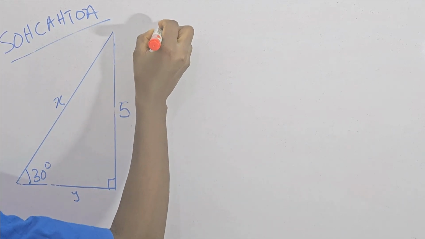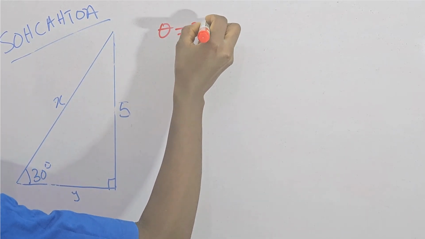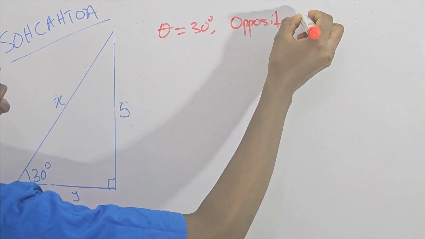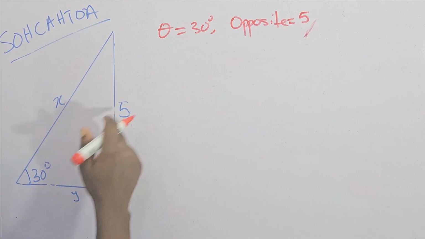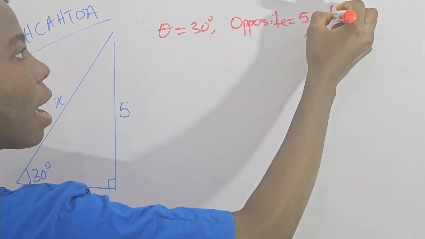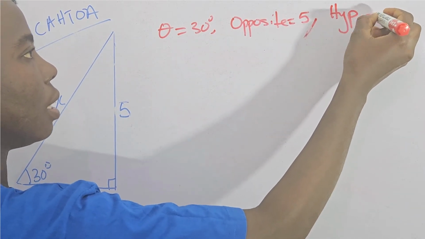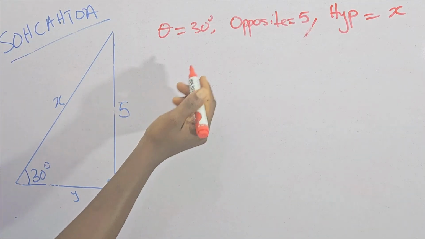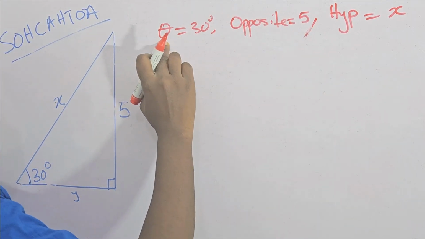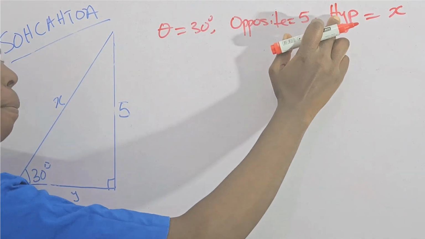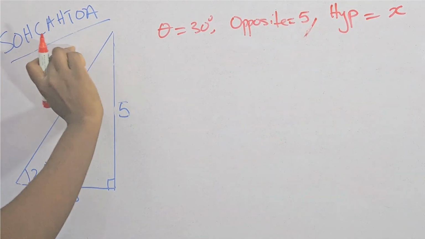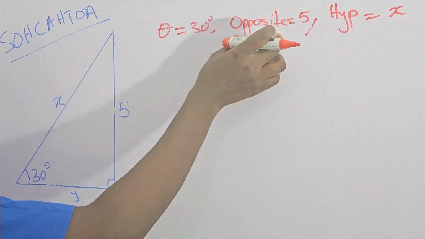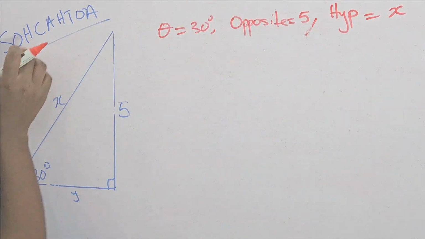Remember, we have our angle to be what? 30 degrees. We have the opposite to be 5. And the hypotenuse, let's take it, which is x. Now, you have angle, you have opposite, you have hypotenuse. Which trigonometry ratio combines opposite and hypotenuse?